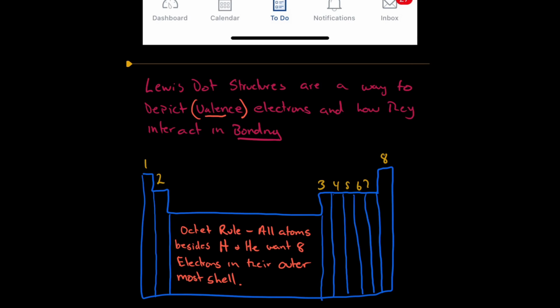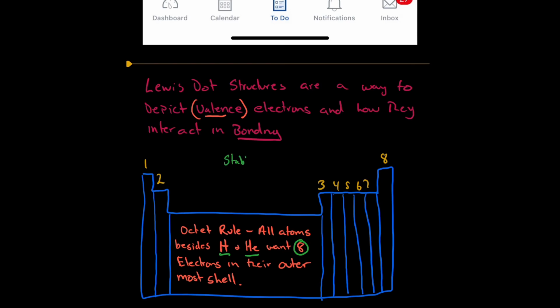So let's talk about the Octet Rule, which looks like it's up there. The Octet Rule states that every atom besides hydrogen and helium wants 8 electrons in its outer shell. 8 electrons means they're full, because those shells can hold up to 8, and if they have a full shell, they're stable, they feel good.